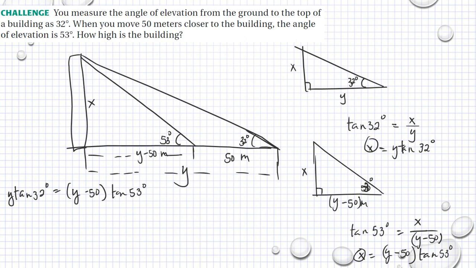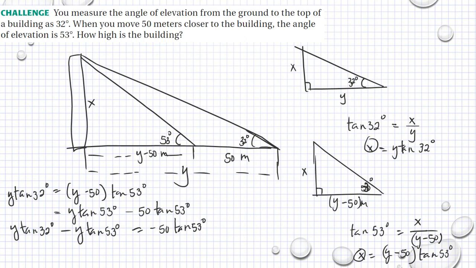So if we continue here now, multiplying tangent 53 to both terms, I have y tangent 53 degrees minus 50 times tangent 53 degrees. Then if I subtract y tangent 53 from both sides, we have y tangent 32 degrees minus y tangent 53 degrees is equal to negative 50 tangent 53 degrees.